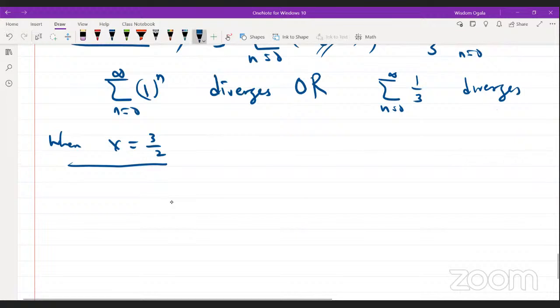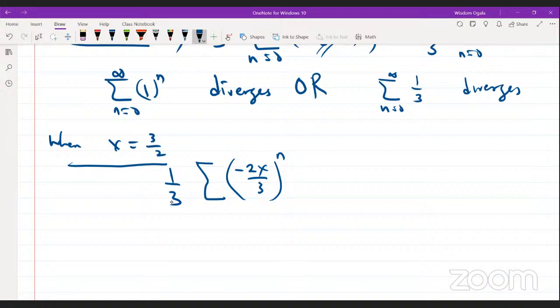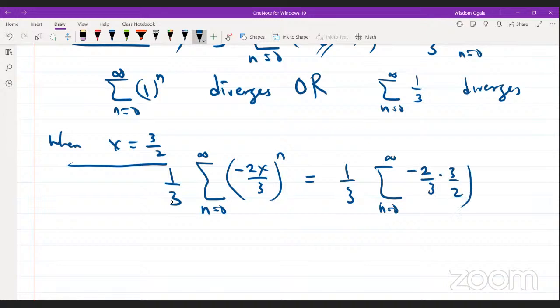So when x is 3/2, just plug in 3/2. If you do that, this is negative 2x/3, right? So we still have a 1/3 here, so we can maintain the 1/3. This guy becomes 1/3, sum from 0 to infinity, negative 2/3 times 3/2 to the power of n.